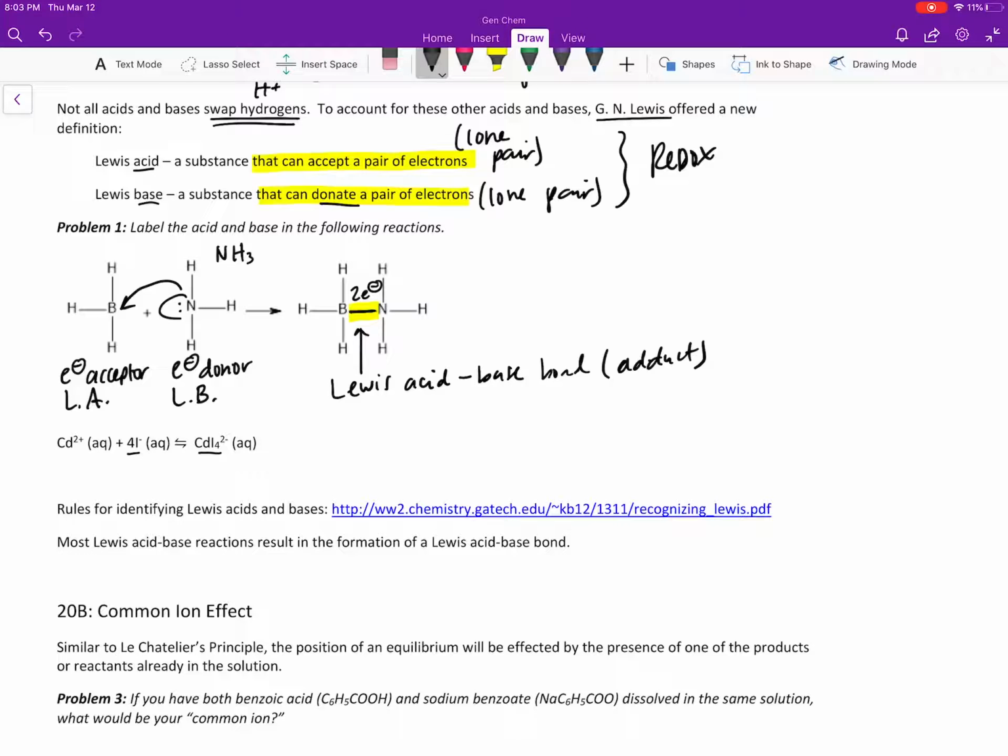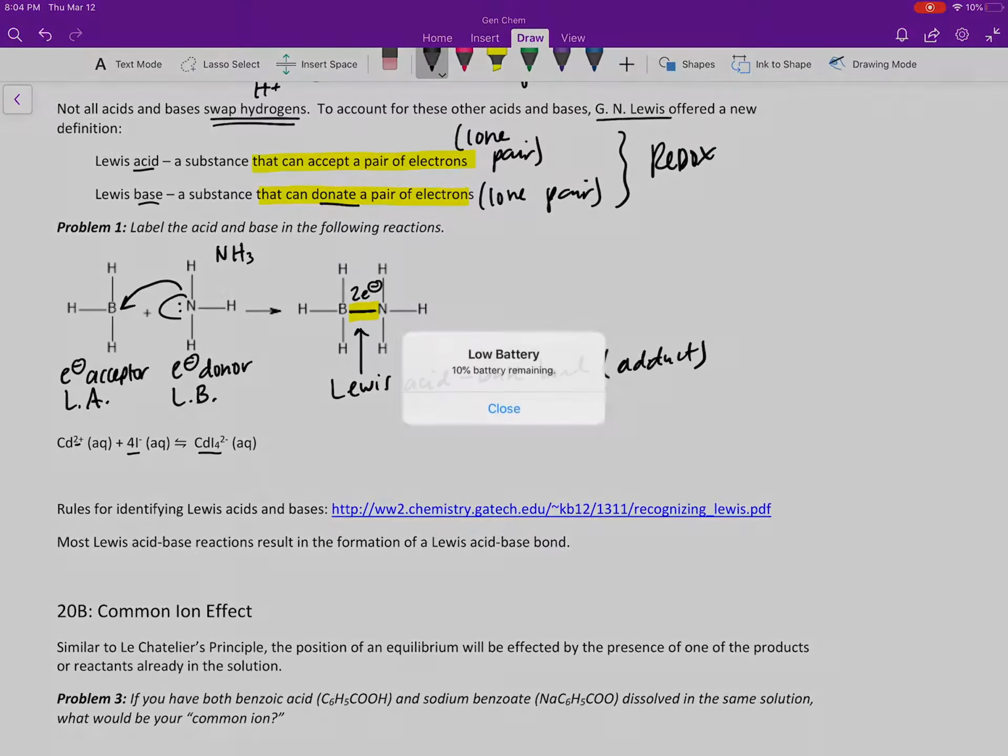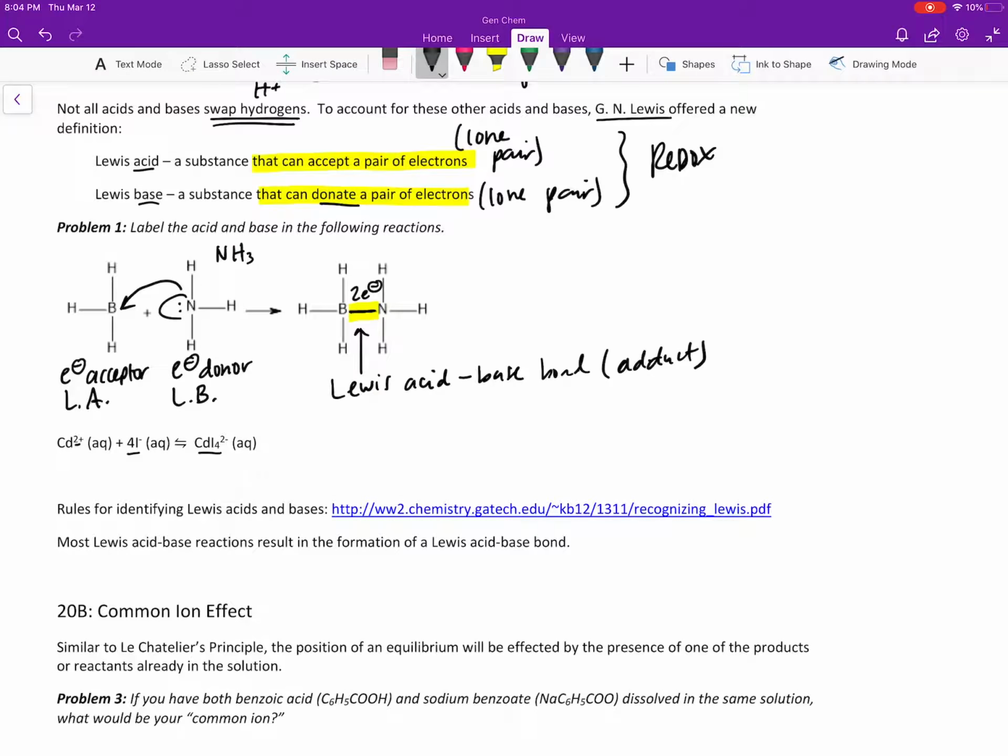Okay, so if we look down here, we had cadmium 2+ and 4 iodide ions to form this compound. If you think about what the 2+ means, these are usually things that are electron deficient, whereas the minus means electron rich. So we're going to guess that the iodides are the electron donors because they have the negative charge, and the 2 plus suggests that the cadmium is electron deficient and in need.